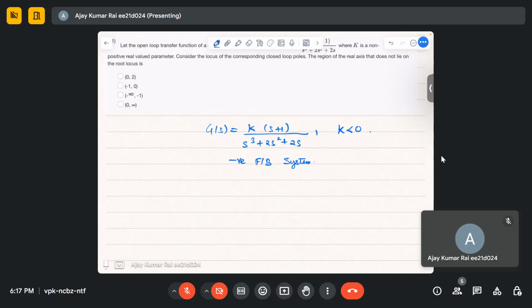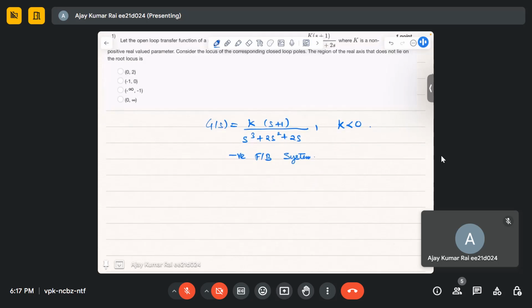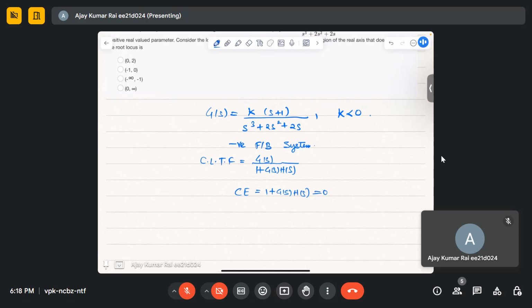So for a negative feedback system, let me write the closed loop transfer function. The closed loop transfer function is G(s) by 1 plus G(s) into H(s). Now the characteristic equation is this. If you equate it, you will find the roots of that characteristic equation, which we call closed loop poles.